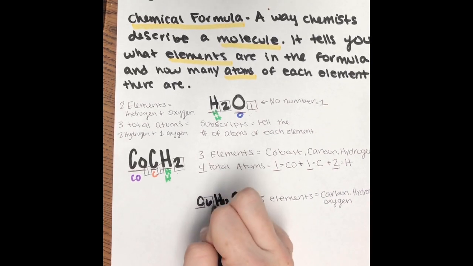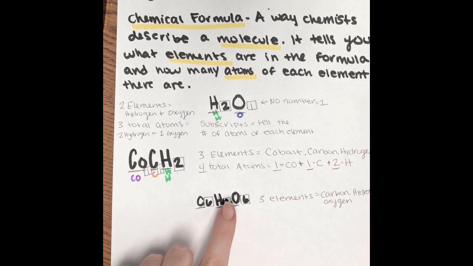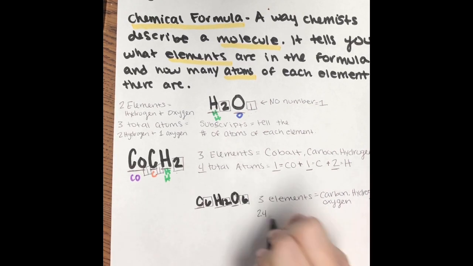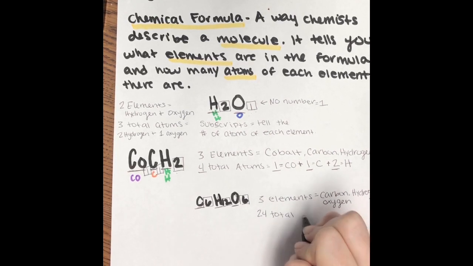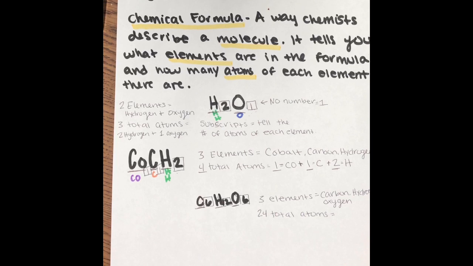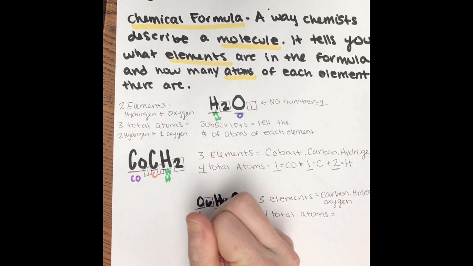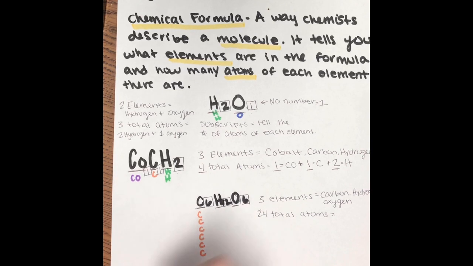Next, we need to square the numbers next to our elements. So we have a 6, a 12, and a 6. If we were to add those together, we would get 24 total atoms. And we can break that down here by writing them out. We have carbons, 1, 2, 3, 4, 5, 6.